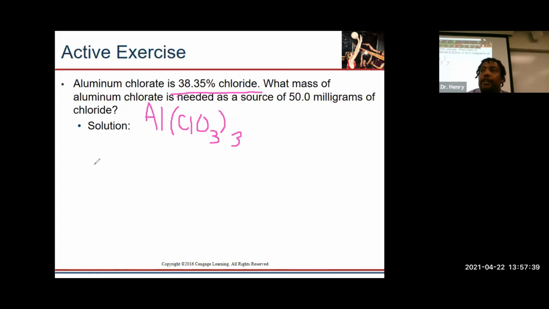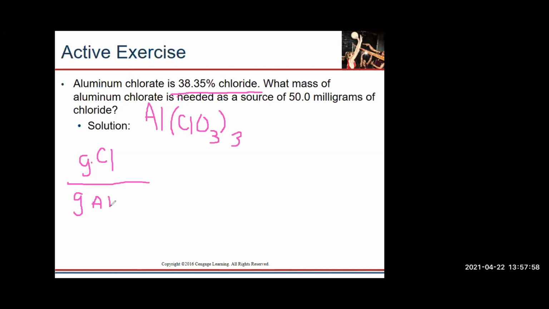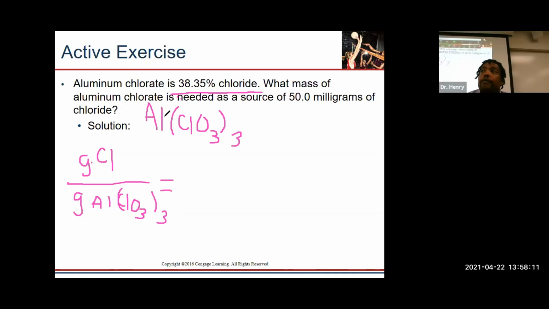So the definition of percent mass is grams of chloride over grams of aluminum chlorate, and we know, because they told me, that that equals 38.35%. Oops, I forgot to multiply it times 100. My bad.